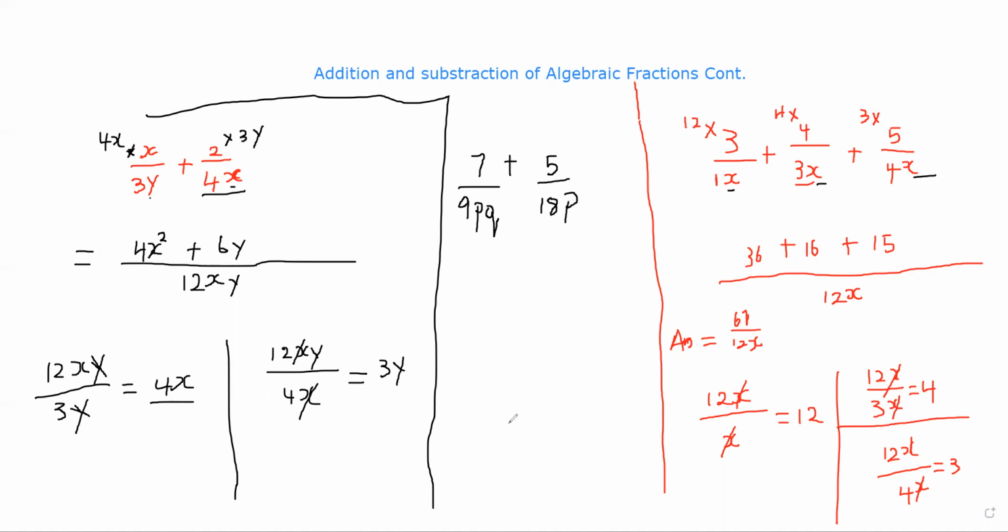What we have here, I want you to work 7 divided by 9PQ plus 5 divided by 18P. Look at it, think about it, give you 4 minutes to attempt it and get the result, and then we work it together.